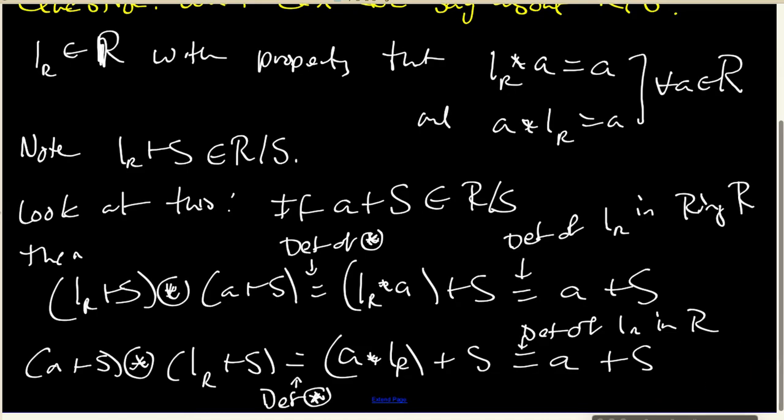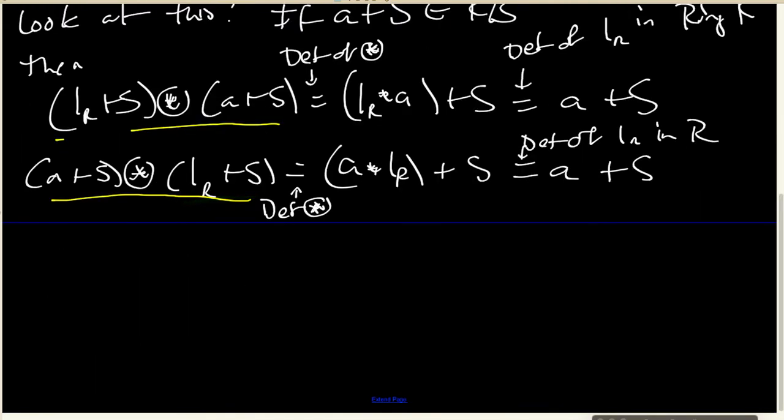But when we put these two things together, they say that this element, 1 plus S, is behaving exactly the way a multiplicative identity would behave.